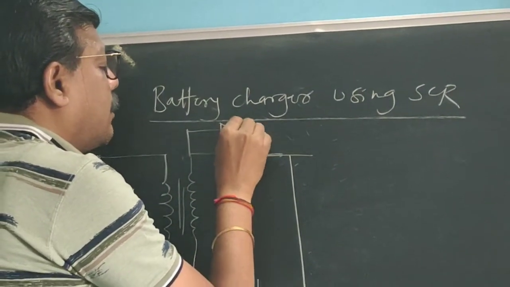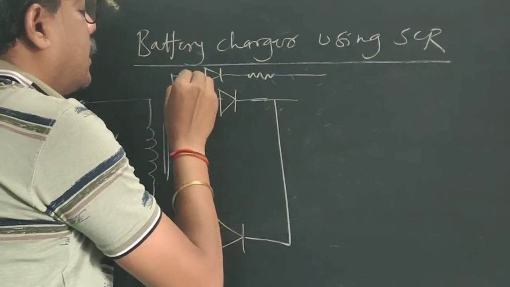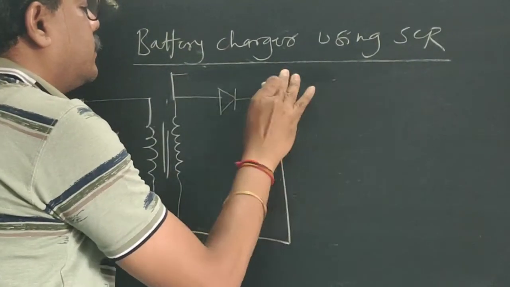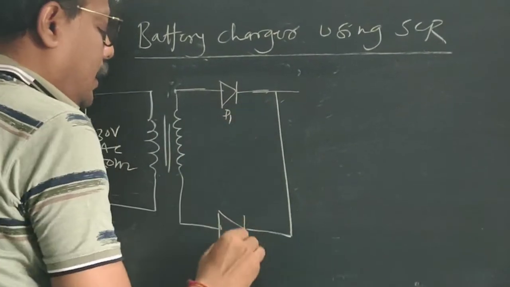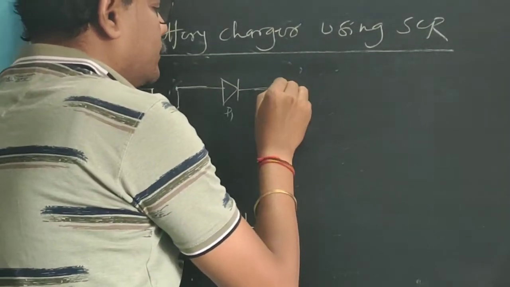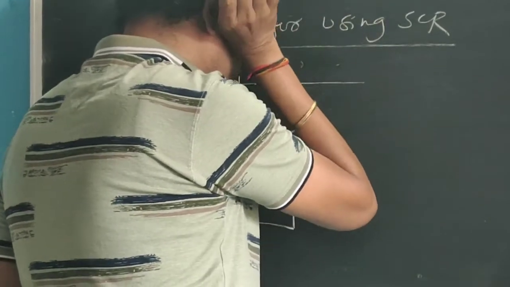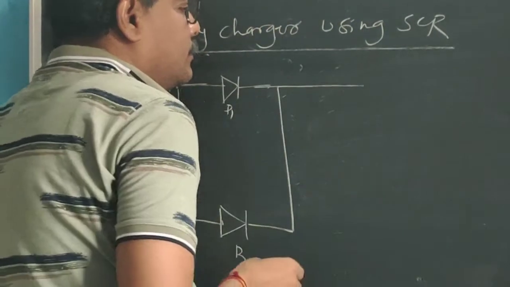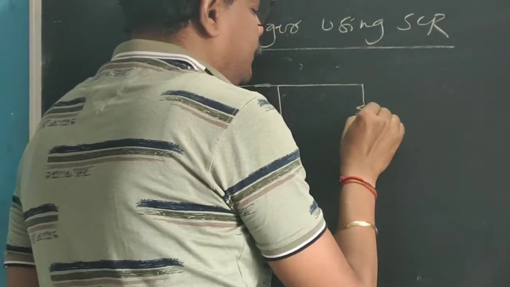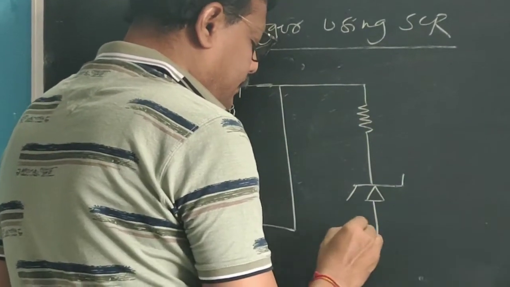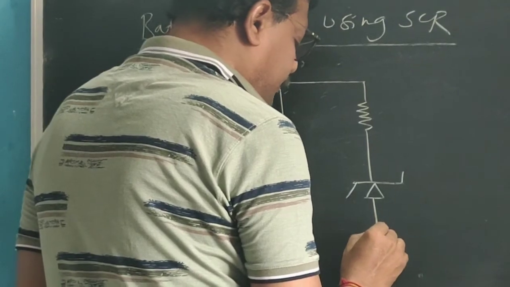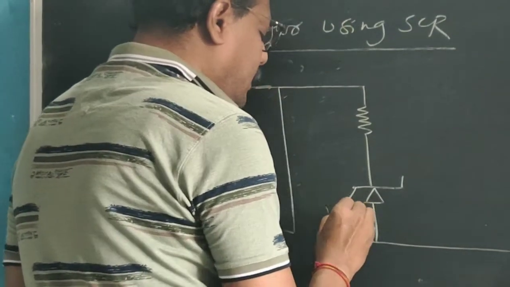One diode is given, one resistor is given here. D1 and D2. This is the Zener diode, VZ.